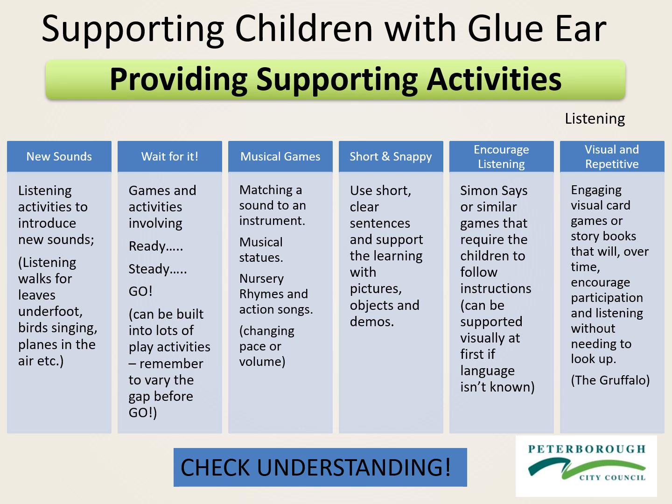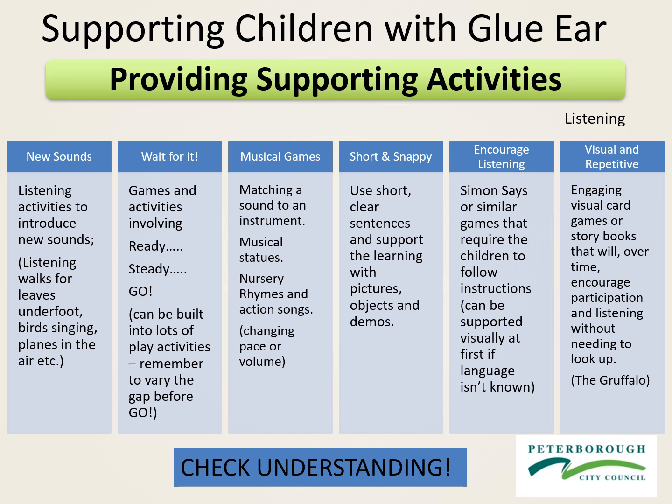Games using ready, steady, go can be built into all sorts of play activities. But remember to change the gap before we get to go, so the children really have to listen for that key word. Musical instruments are always popular, and matching a sound to a particular instrument, playing musical statues, etc. Really good activities.